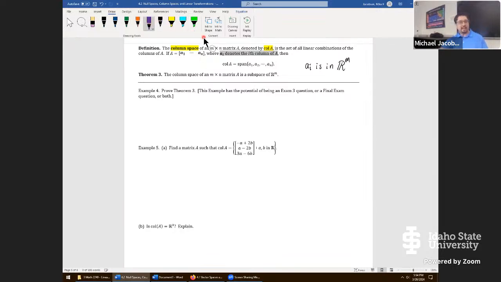So that m, this time the first dimension you see, is what we're dealing with if we're working on a column space. If we're working on a null space, it would be a subspace of Rn, that second dimension you see there instead. So column space, because we're spanning columns with m entries, looks like it's going to be a subspace of Rm. And it turns out that is true.